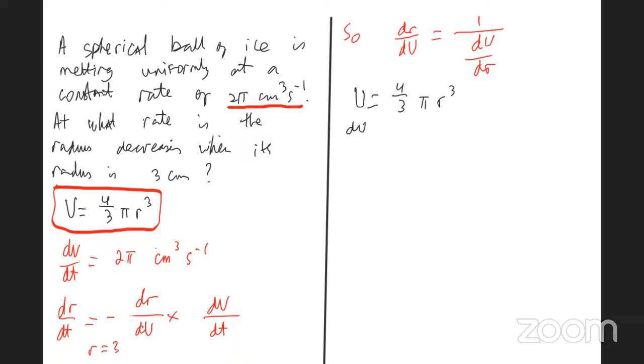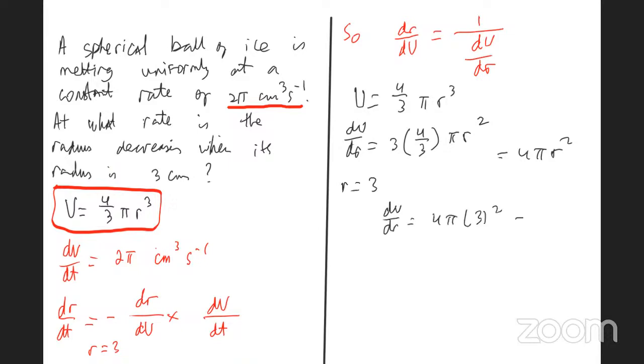Therefore, dV/dr is equal to 3 times 4/3 pi r to the power of 3 minus 1, which is 2. So you get 4 pi r squared. That's dV/dr. When r is equal to 3, dV/dr is equal to 4 pi times 3 squared. That's 9 times 4, so that's 36 pi.